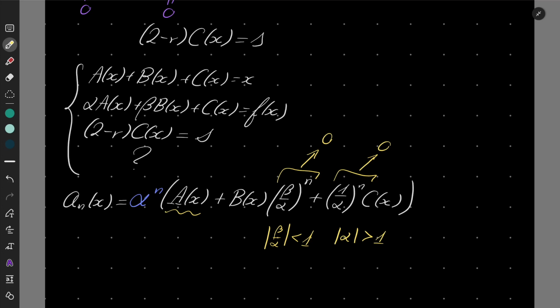And now here comes the crucial part. If x is fixed, this number is either positive or negative. And this part changes sign, alternating between even and odd numbers. So this alternates between positive and negative values.